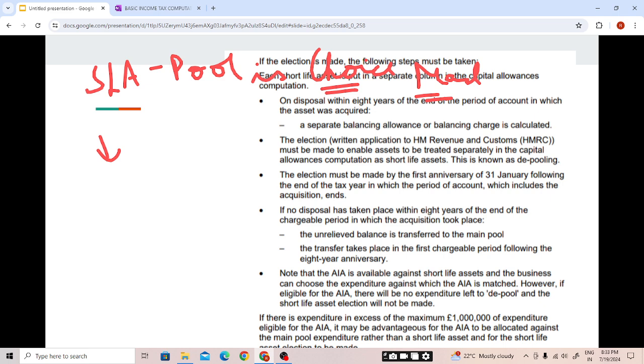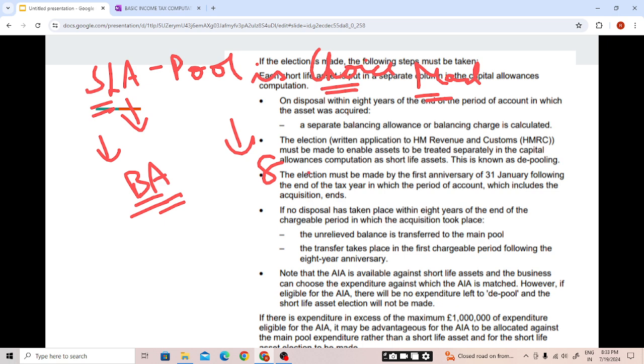So students, we will choose the short life asset pool when balancing allowances will be created within 8 years following the chargeable period of acquisition.